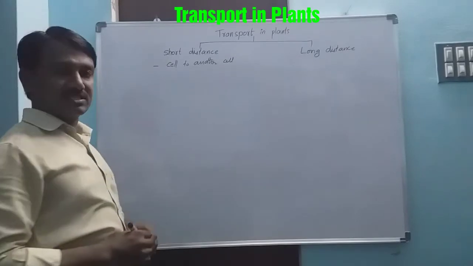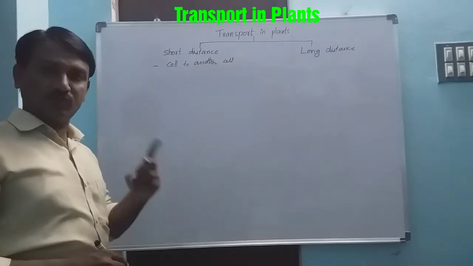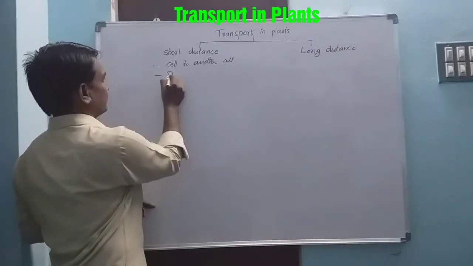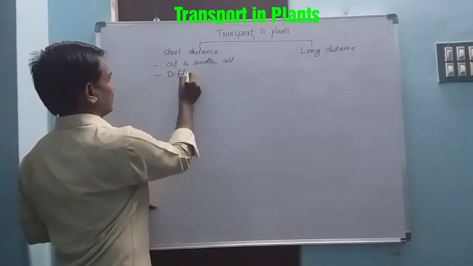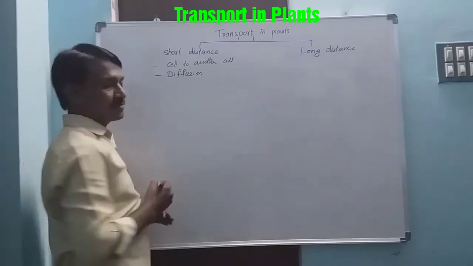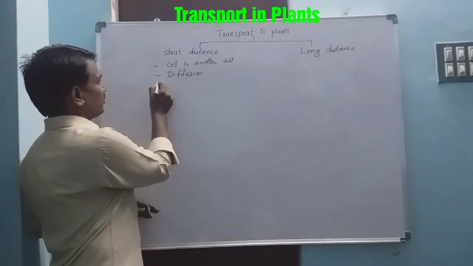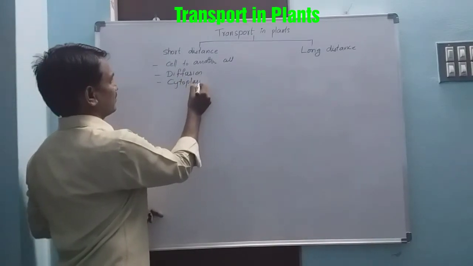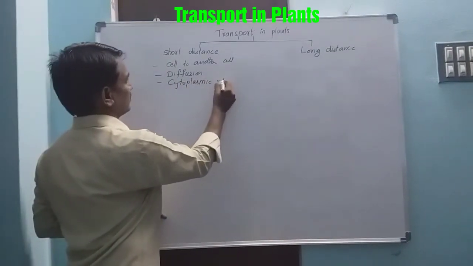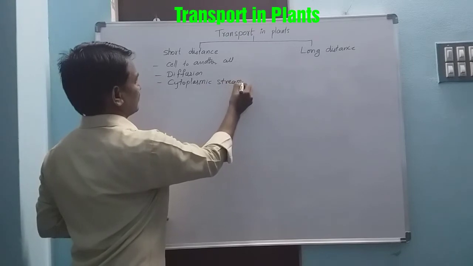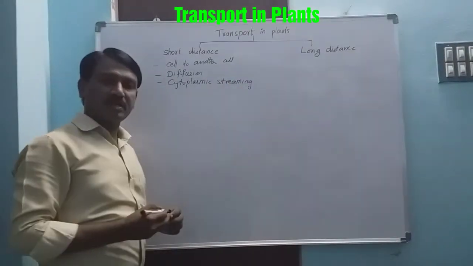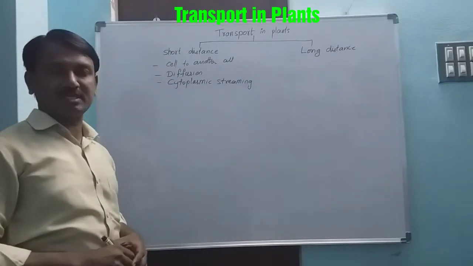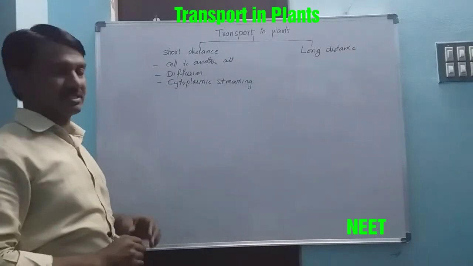Here, the short distance transport system occurs in two ways. One way is diffusion, and another one is cytoplasmic streaming. In these two ways, short distance transport occurs in plants.